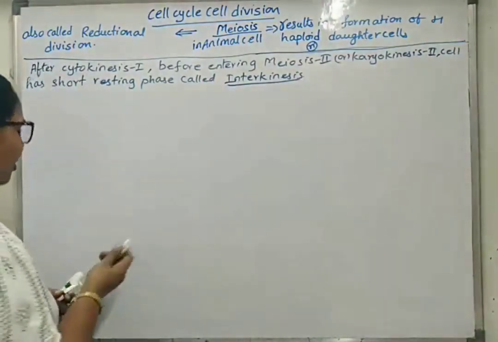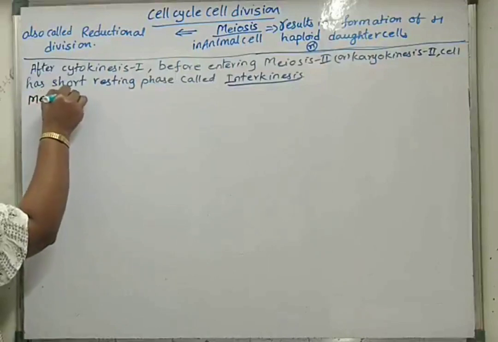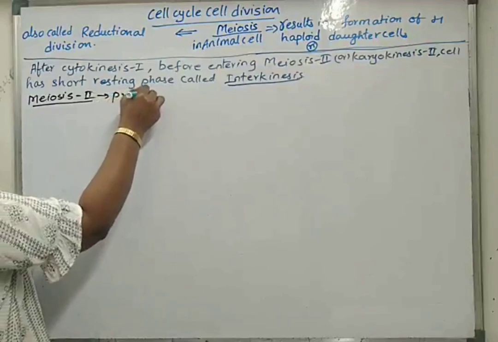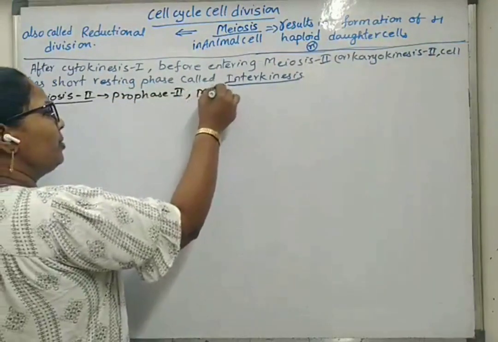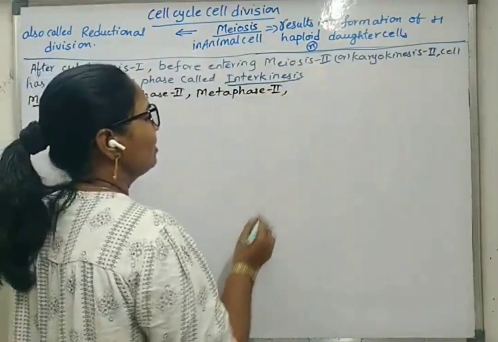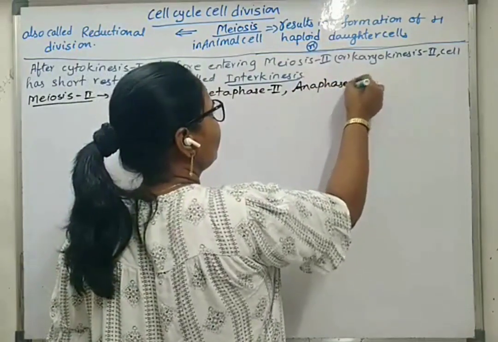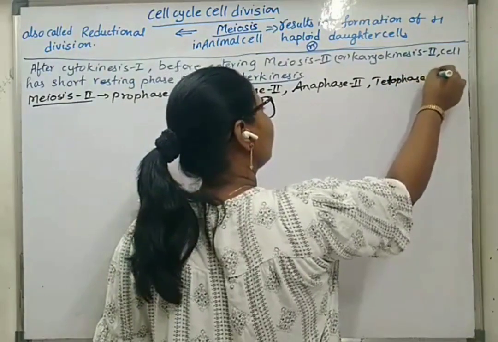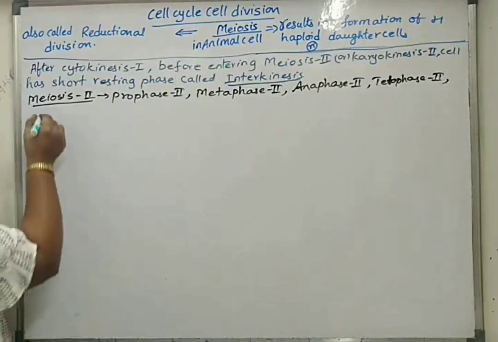Now starts meiosis 2. Meiosis 2 includes prophase 2, metaphase 2, anaphase 2, telophase 2, and the last, cytokinesis 2.